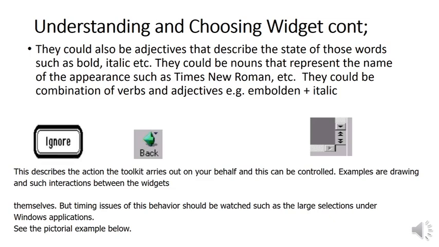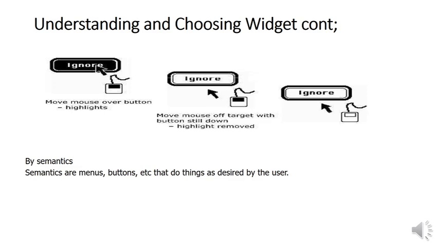See the pictorial examples. So you can see: move the mouse over the button, then move the mouse onto the target button, it stays highlighted, then ignore. By semantics, semantics are menus, buttons, etc.